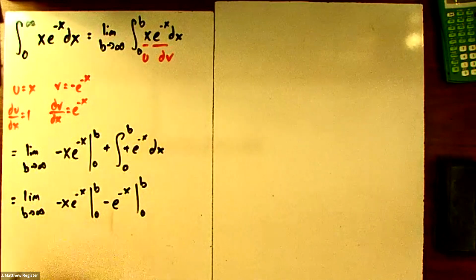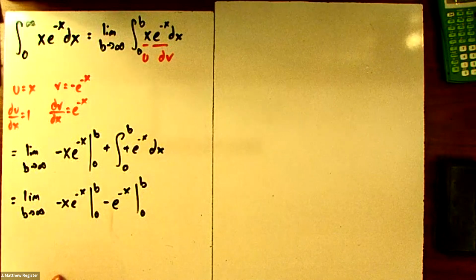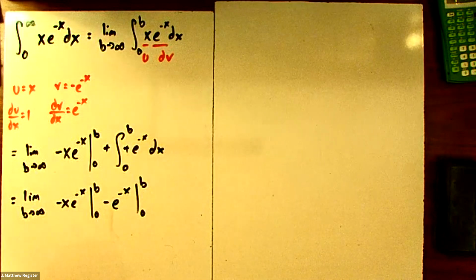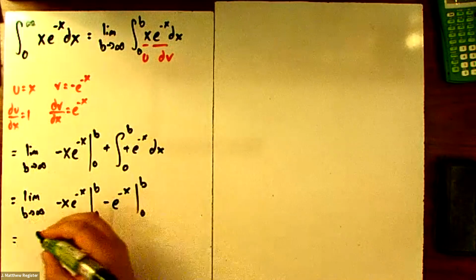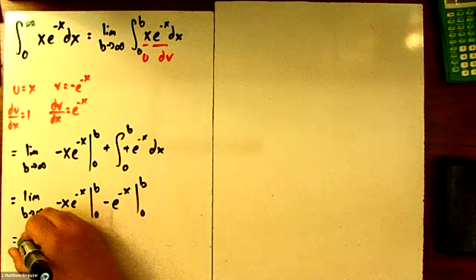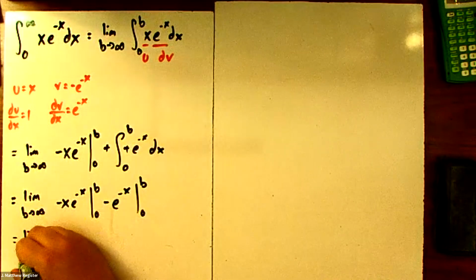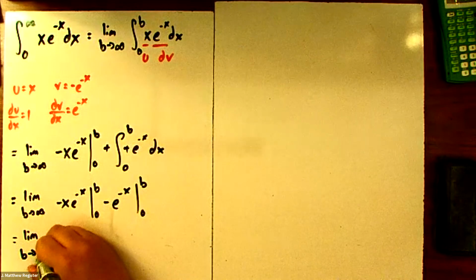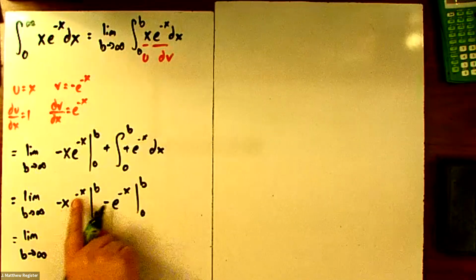And looking at this, we might have a case where we're going to get something undefined. But let's see. We now have the limit as b goes to infinity of, oh, maybe not.